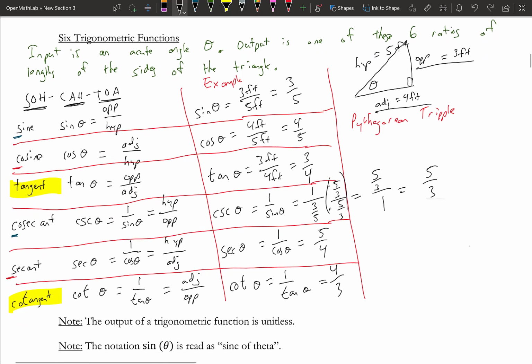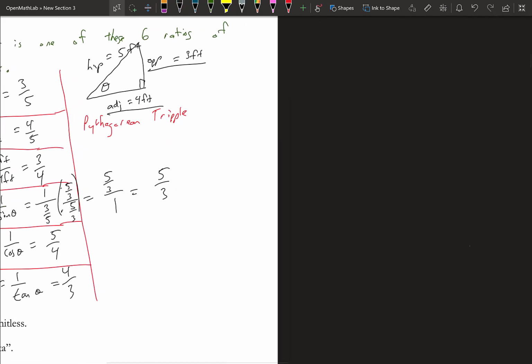So then I have kind of a question off to the side here for this diagram. So we're still using this diagram where we have theta here. This is 5 feet, this is 3 feet, and this is 4 feet. And my question is, which is larger, theta or 90 degrees minus theta?